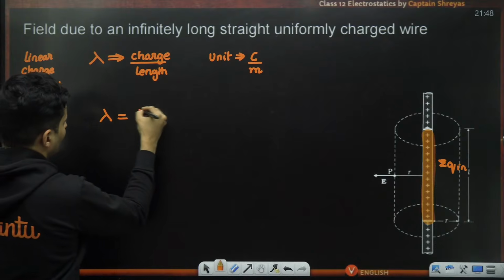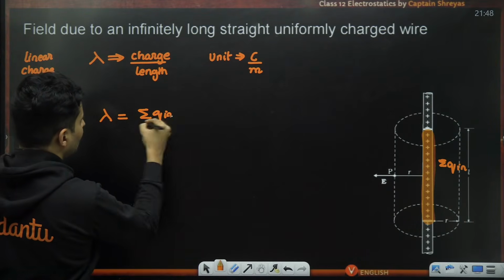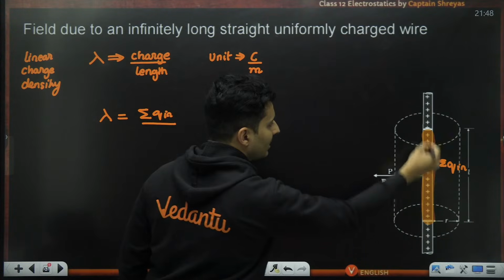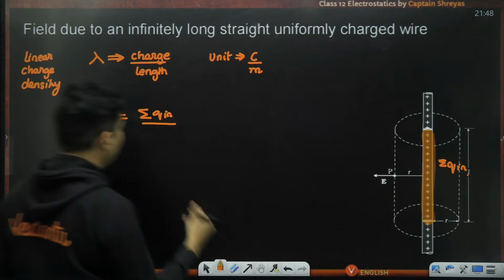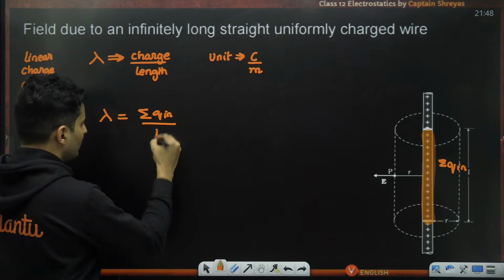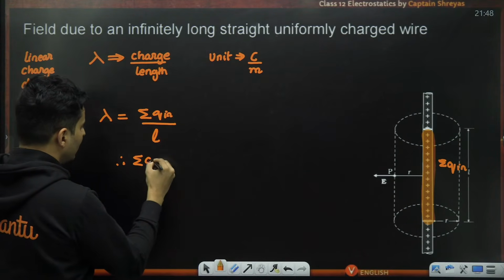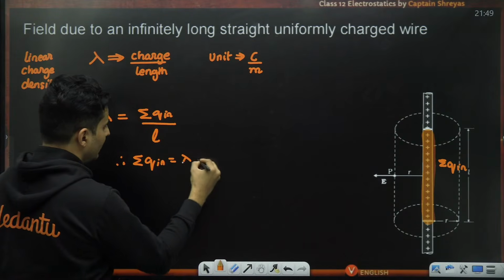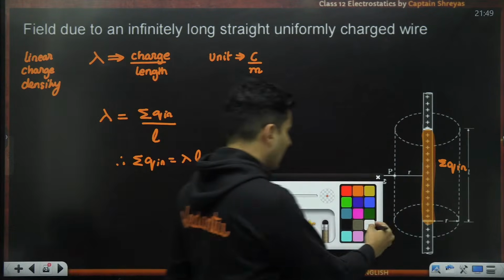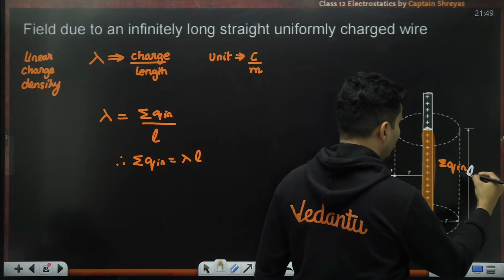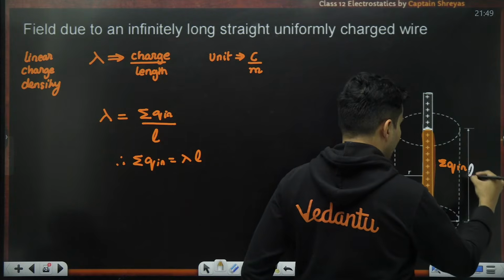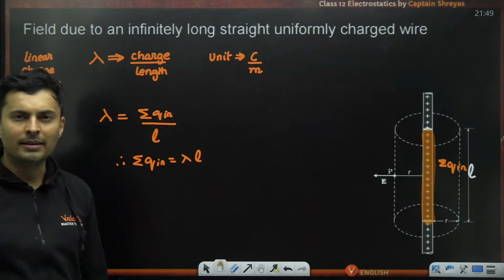Lambda is whatever charge is there inside upon the length on which it is. The length is L, as you can see over there. Therefore, the net charge inside is lambda multiplied by L. L is the imaginary height of the cylinder.